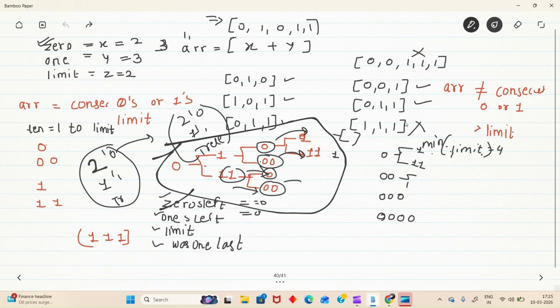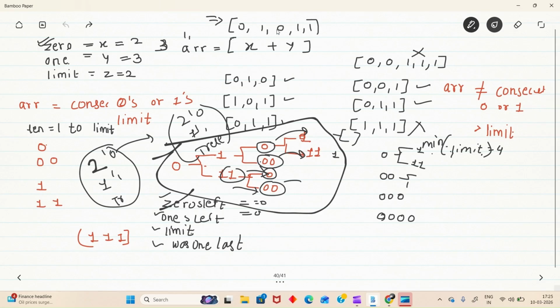That means we don't want consecutive ones or zeros greater than limit. So we can use consecutive runs of length 1 to limit.